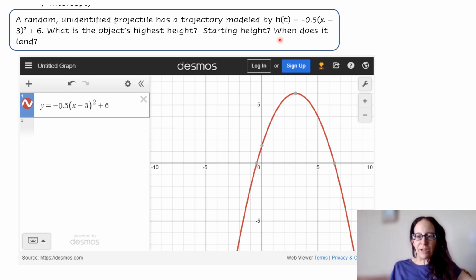The rest of these questions are not good for the form that you have it in. So your best bet, if you have access to a graphing utility, is to go ahead and graph it.